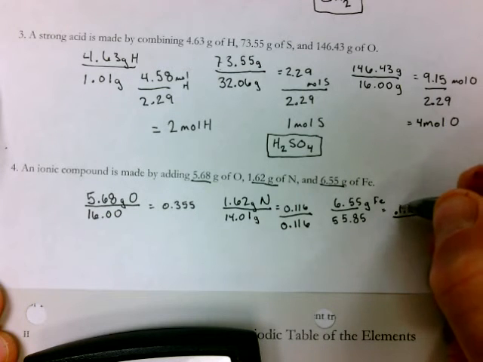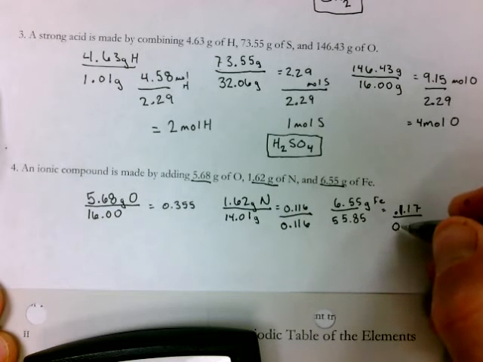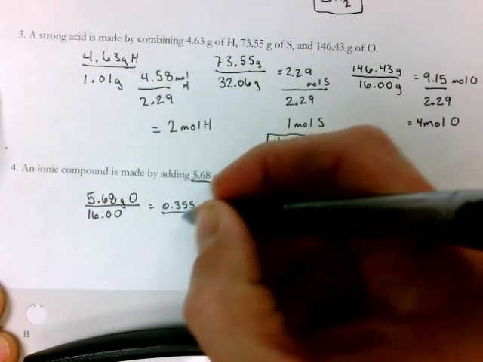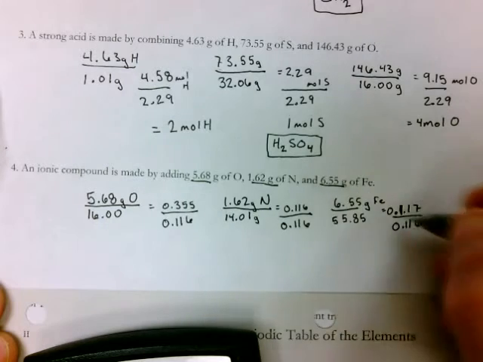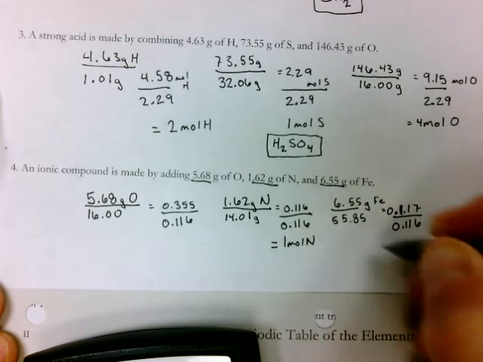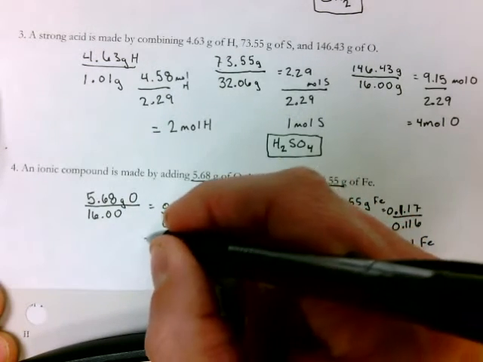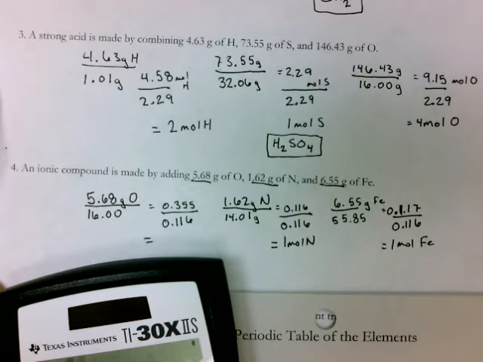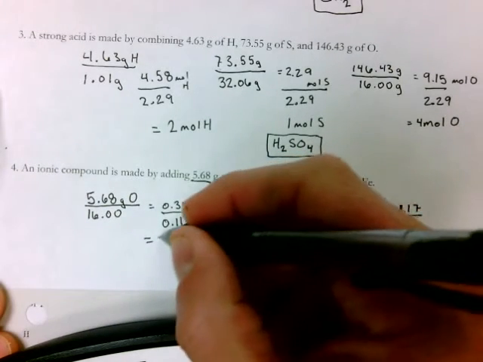Oops, decimal in the wrong spot there. These numbers are basically being divided by themselves, so we have 1 mole of N, 1 mole of Fe, and then the 0.355 divided by 0.116 is just about 3.